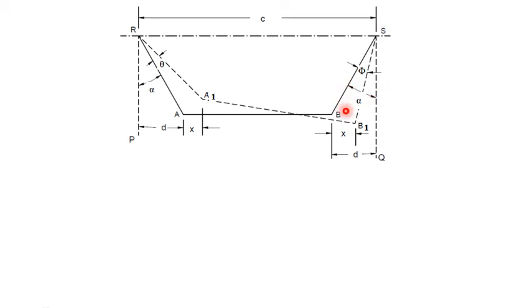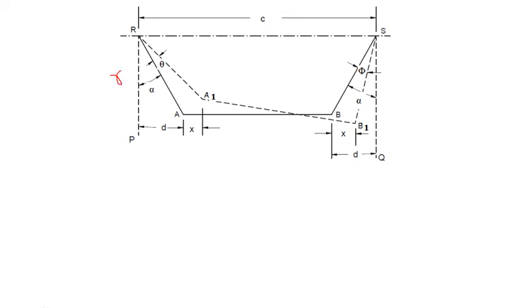The dotted line in the figure indicates the position of the mechanism when the vehicle takes the left turn. Let the length AB be capital L, and RA equal to SB equal to small r.